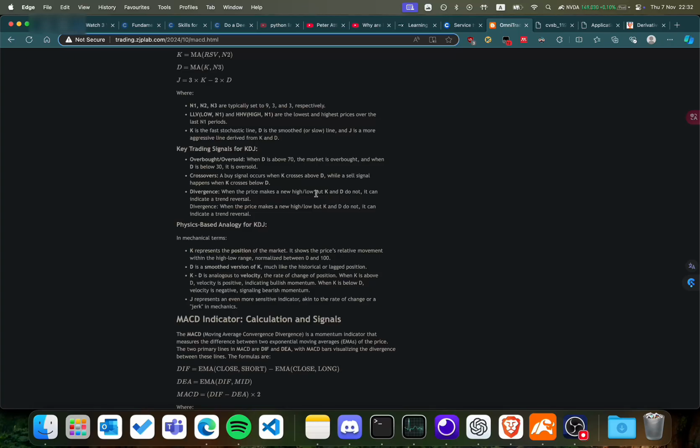K and D don't indicate a high or low signal; K and D essentially are the speed and lagged speed. So if the price reaches a high or low while the speed doesn't indicate it, that probably means acceleration is fluctuating and doesn't give us too strong a signal.